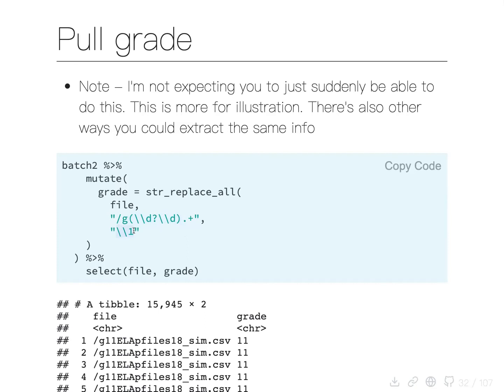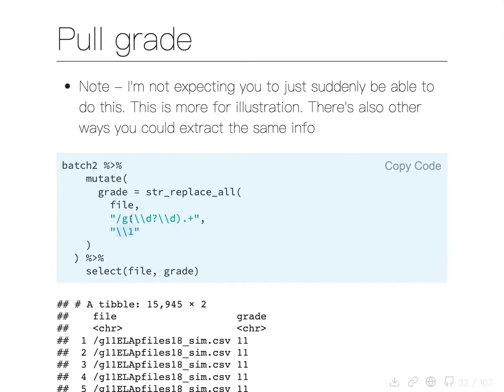The reason it's 1 is because you can have multiple things that you're going to pull out of a string. So this is the first one. If I added additional pairs of parentheses, then I would refer to them in different orders. So I could say \2, \1, \3, right? To refer to the second one and then the first one and then the third one. In this case, there's only 1, so it's only going to be \1.